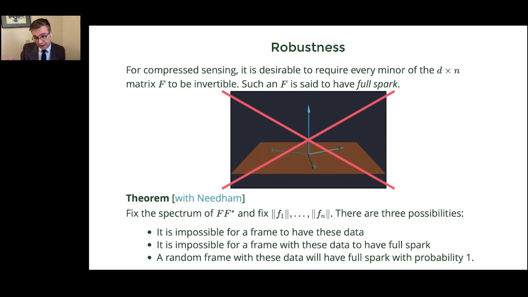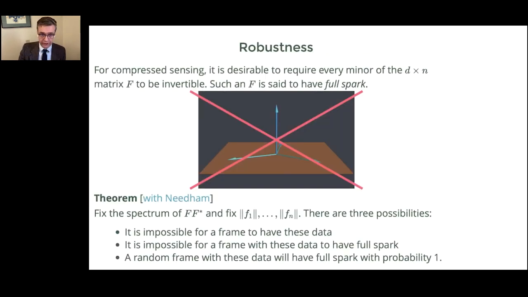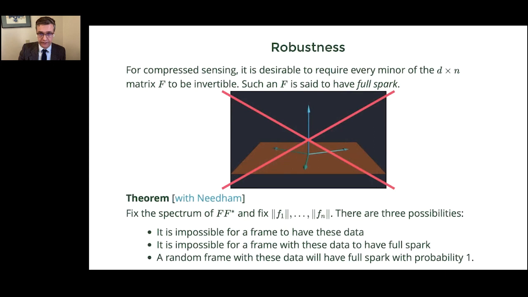But this is an awesome thing, because it tells you basically any way you have of generating random equal norm Parseval frames will give you full spark ones with probability 1. So that's a nice thing to have. And I have a graduate student right now working on the problem of actually randomly sampling equal norm Parseval frames. It's a little bit complicated, but very much doable.